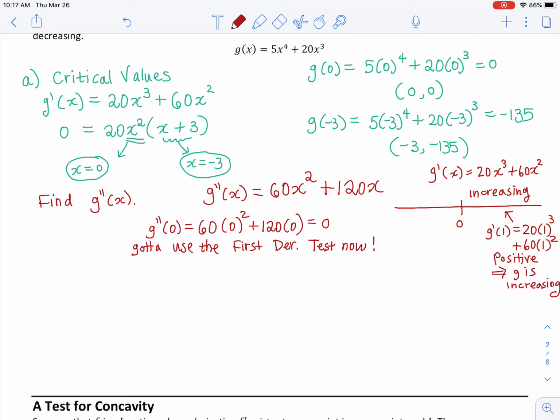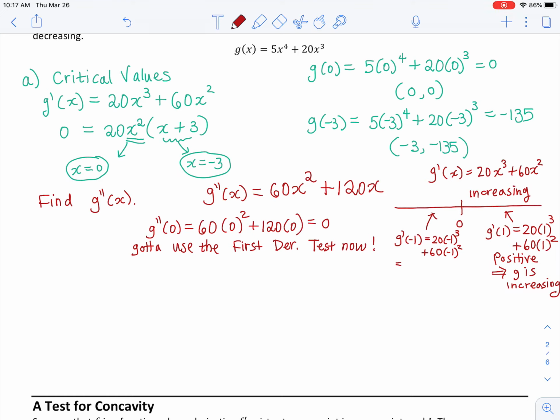So going up there. Now let's plug in a value that is to the left of this. Let's find G prime of -1. That will be 20 times -1 cubed plus 60 times -1 squared. So what's that going to be?